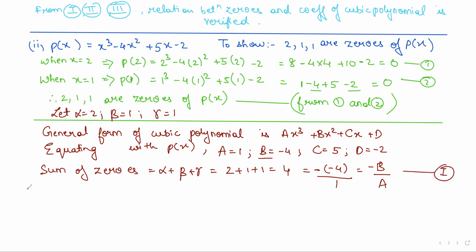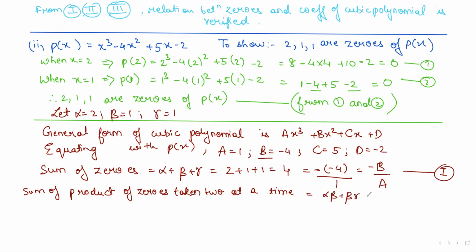Second, the sum of product of zeros taken two at a time. This is equal to alpha beta plus beta gamma plus gamma alpha.